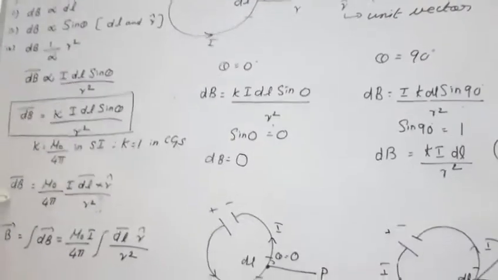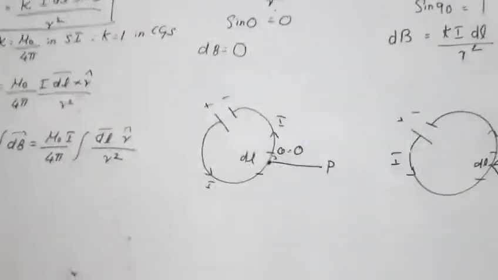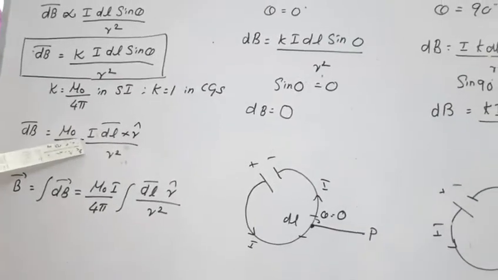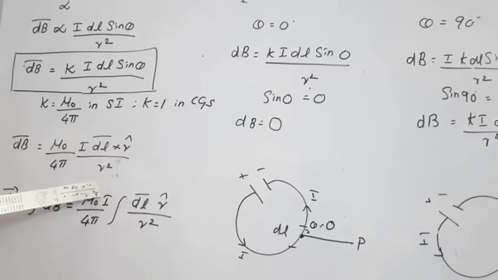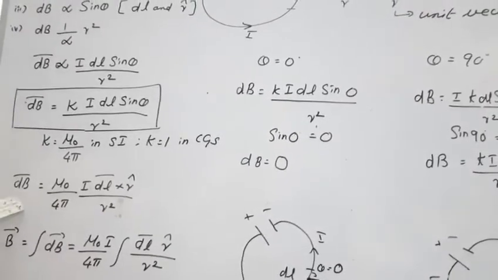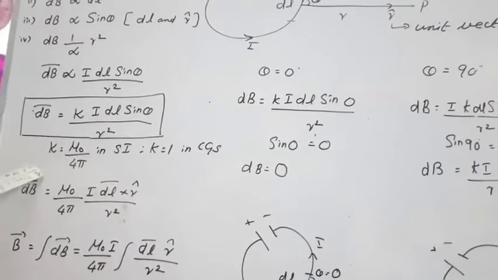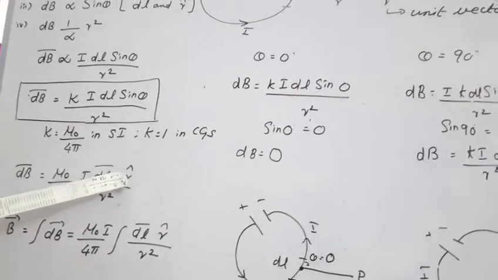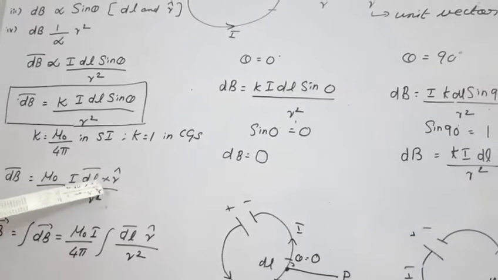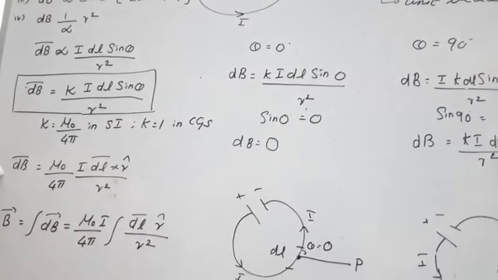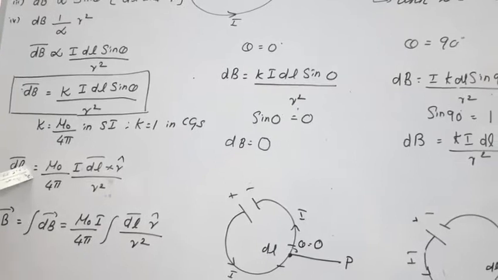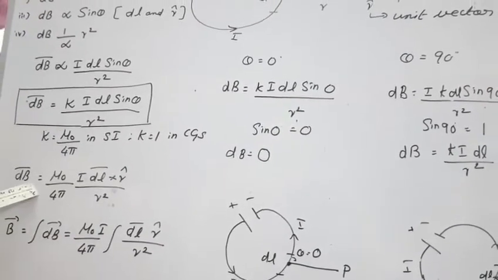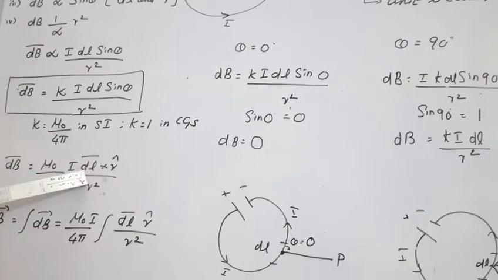Next, in vector notation, dB vector equals mu naught by 4 pi, I dl vector cross r cap, divided by r square. This is known as the Biot-Savart law. The direction of the dB vector is perpendicular to both dl and r cap. This is only for the small element dl.